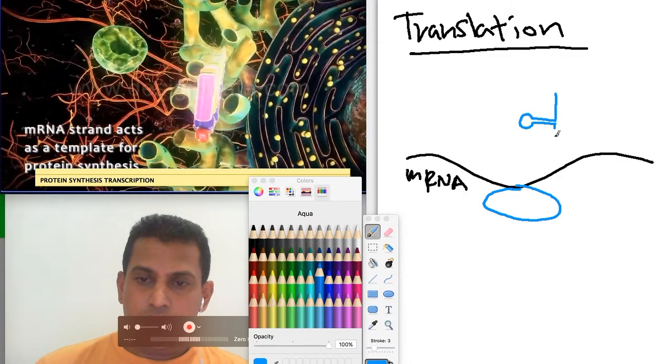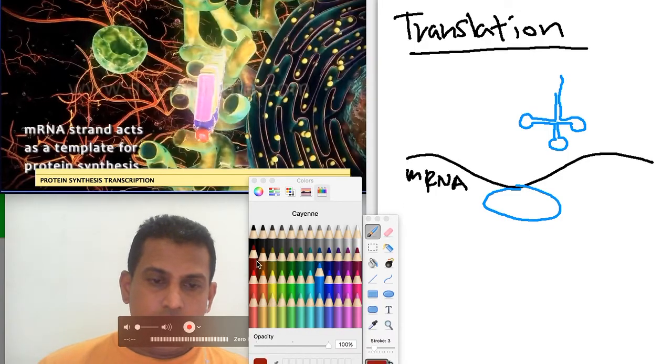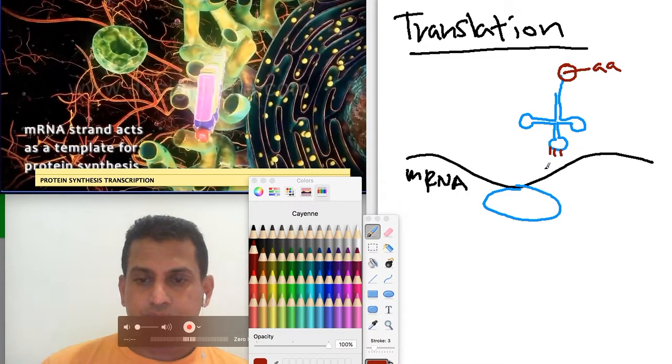Showing you the tRNA molecule. This tRNA molecule is already activated by attaching the amino acid to here. This is called the anticodon region. And this is a codon. A codon is a triplet of nucleotides. A codon represents one amino acid.